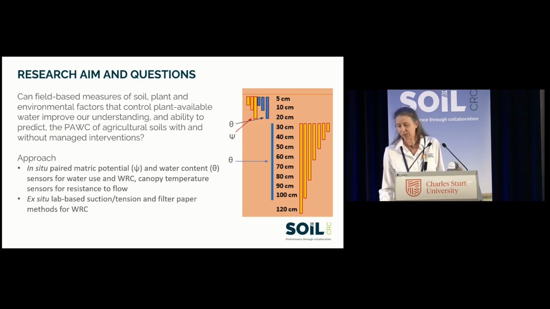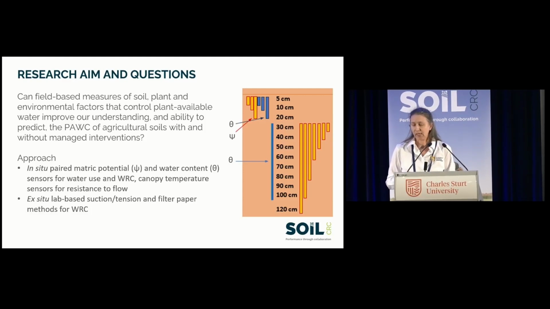The research methods that we are using are a novel in-field approach to describe the soil water retention curve. So conventionally, the methods that we use to do that are taking an intact soil core to the lab, putting it on suction plates and having a look at the relationship between soil water content and suction. There are some in-field techniques, pouring a lot of water on a plot of soil at different water contents, measuring those matrix potentials.